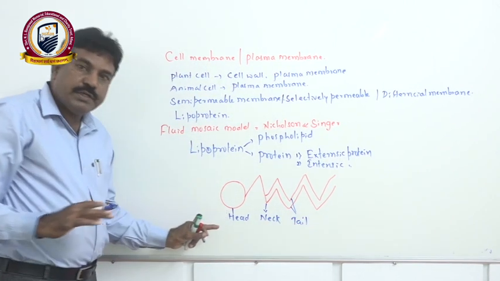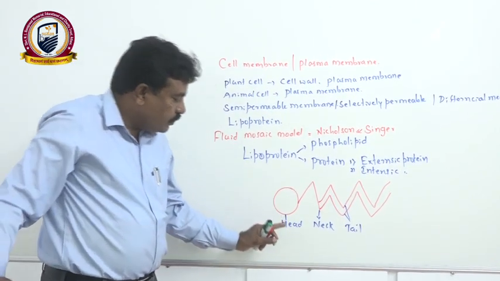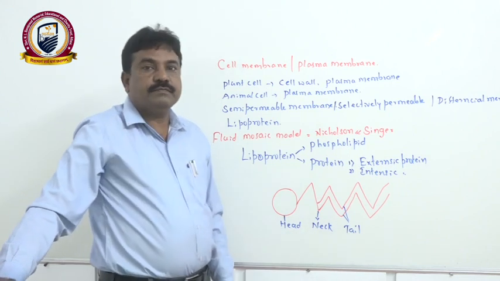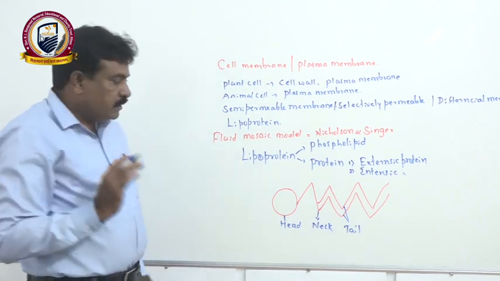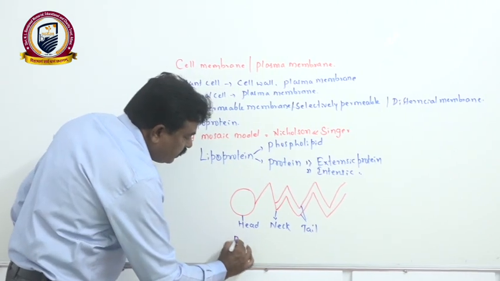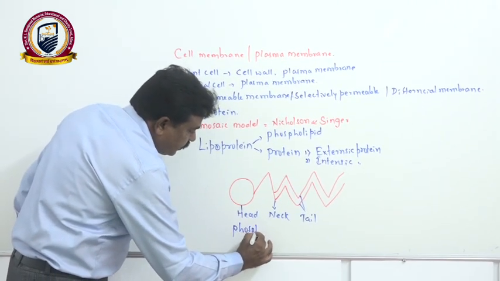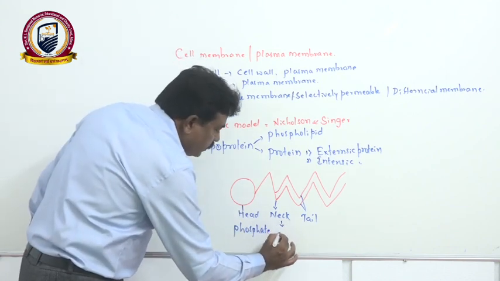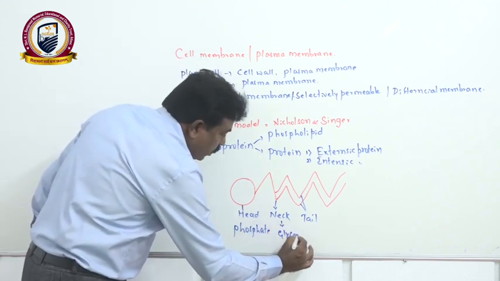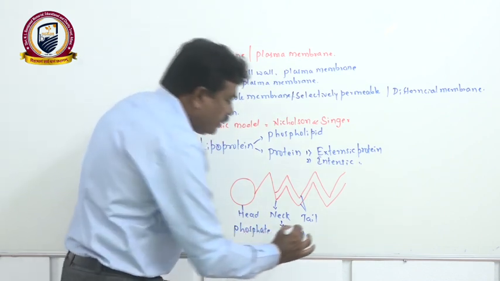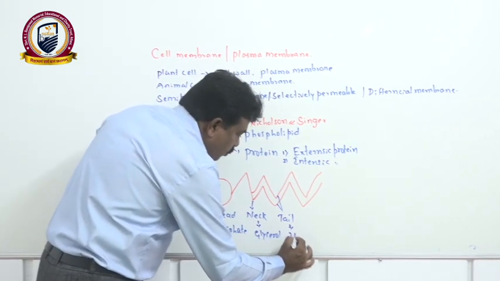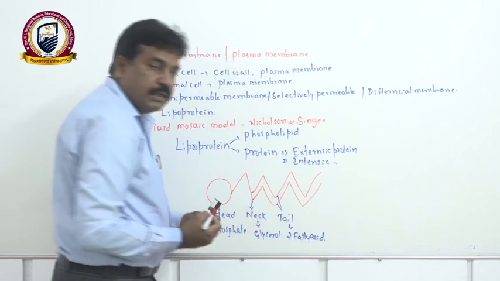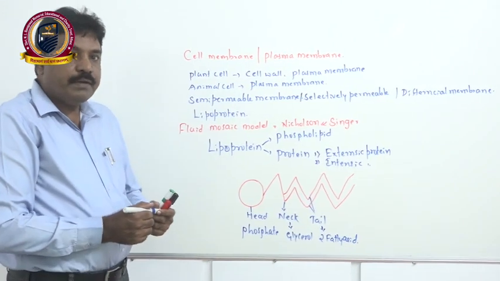That means structurally the phospholipid molecule can be differentiated into head, neck and tail. The head is made up of a phosphate molecule. Then the neck is composed of a single glycerol molecule and the tail is composed of two molecules of fatty acid. By this it indicates it is a compound lipid.